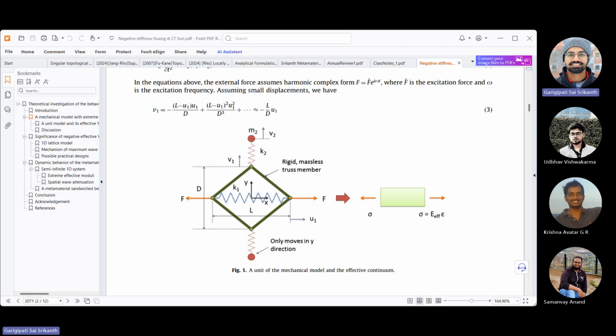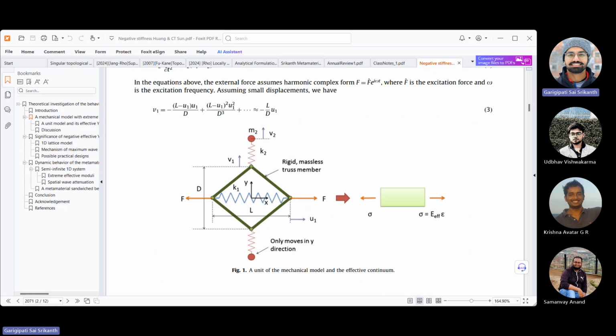Basically, when this degree of freedom, this is u1, let's say u1 of i minus 1 or something, when these independent degrees of freedom are moving, then these points indicated by v1 here are moving laterally, and their movement is totally dependent on the movement of these.